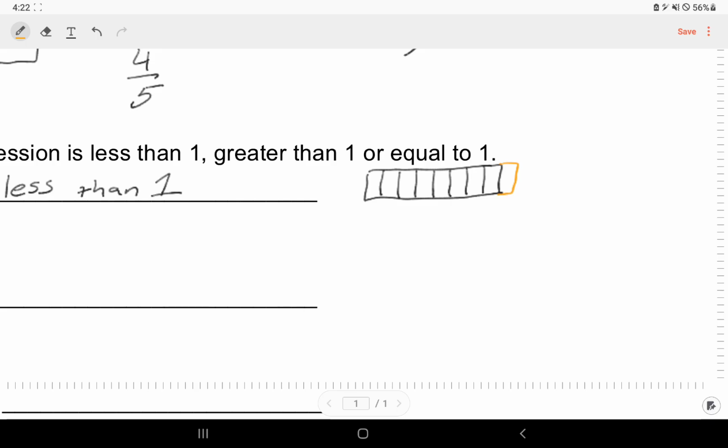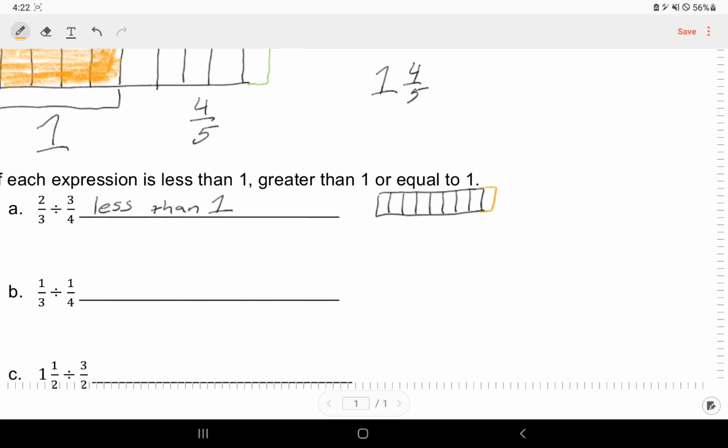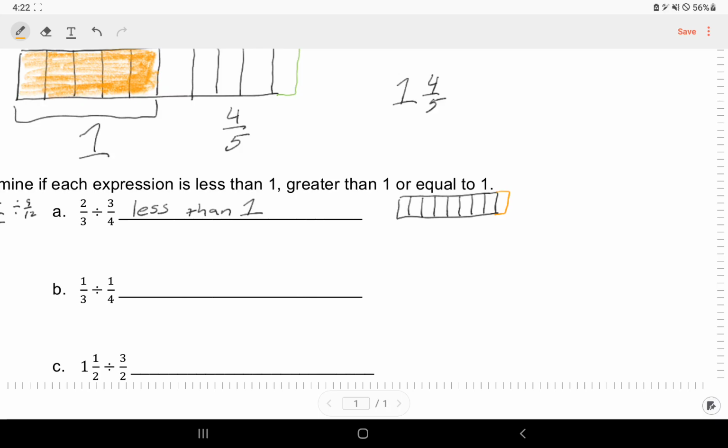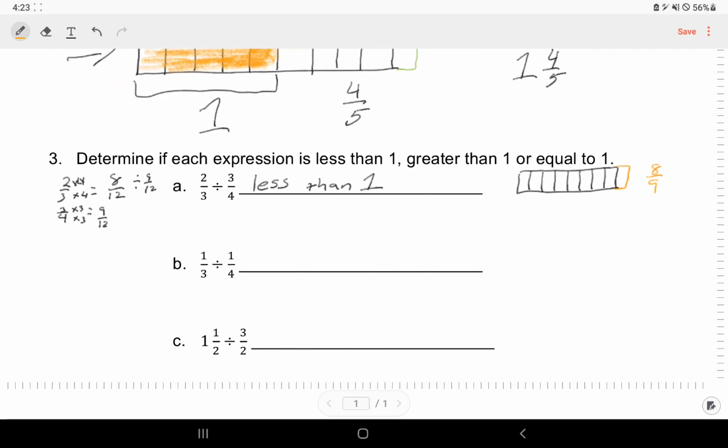Because I need a group of 9. So I can't get a group of 9. And so my answer would be 8 over 9. I have 8 out of 9 of what I need. Oh, that's less than 1. So, clearly, less than 1. So, common sense approach, tape diagram approach.